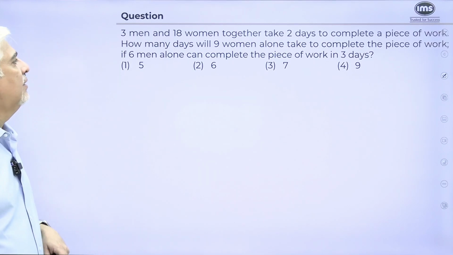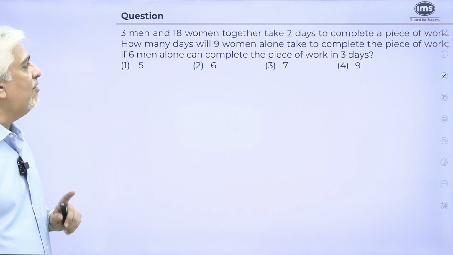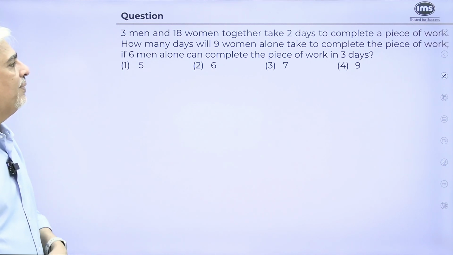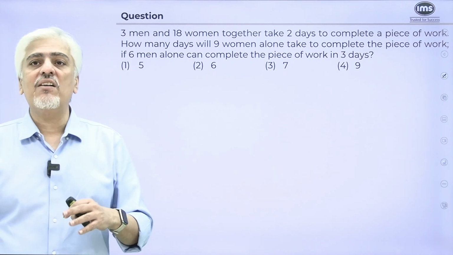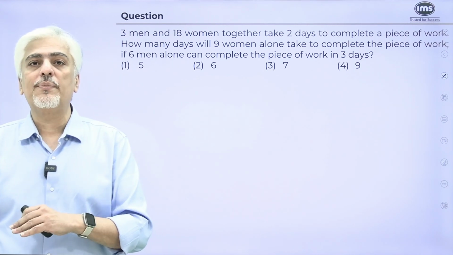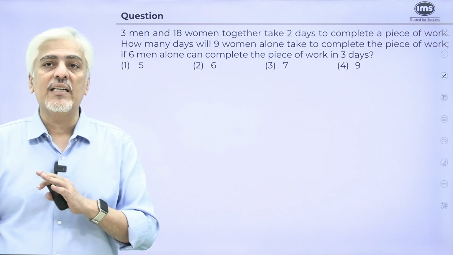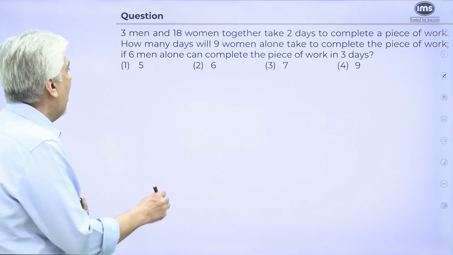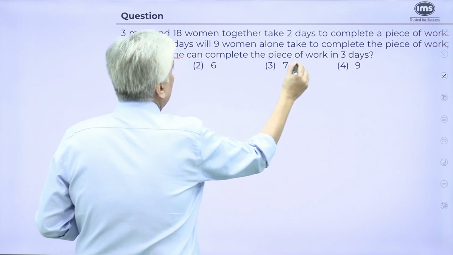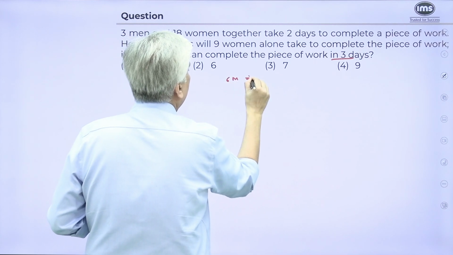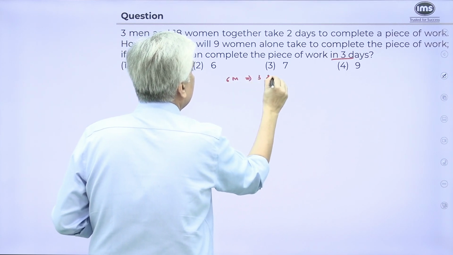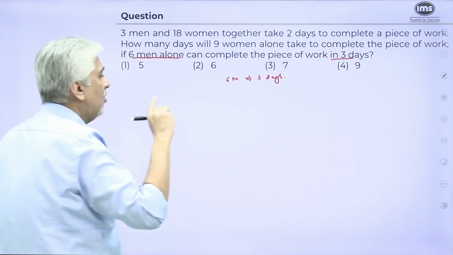Time and work. 3 men and 18 women together take 2 days to complete a piece of work. So we'll come to that later. How many days will 9 women alone take to complete the work, if 6 men can complete the work in 3 days? I'll use this last part first. Now, listen to this very carefully.